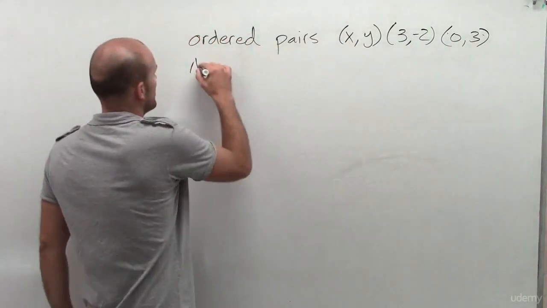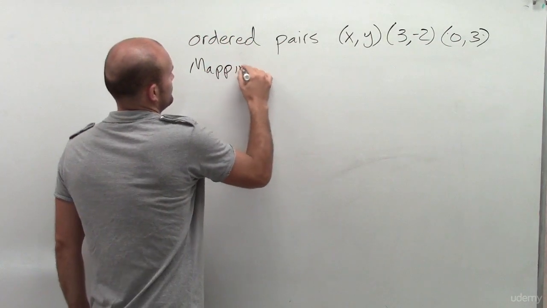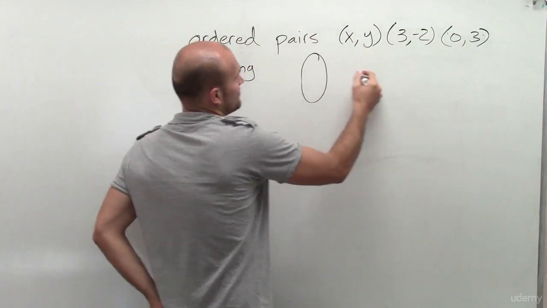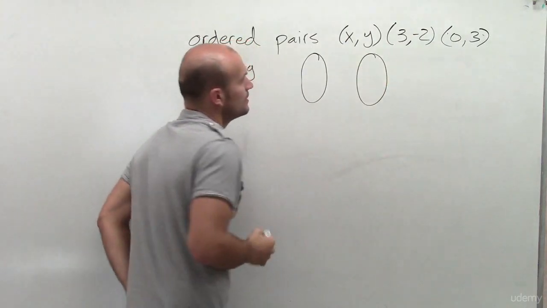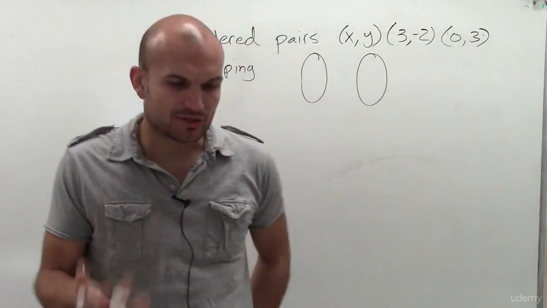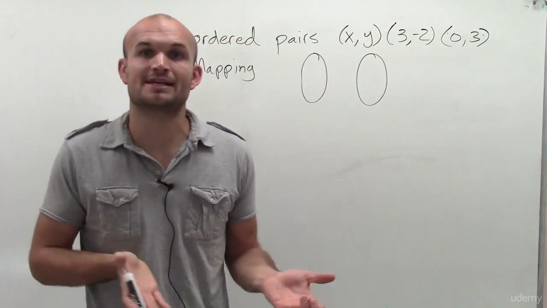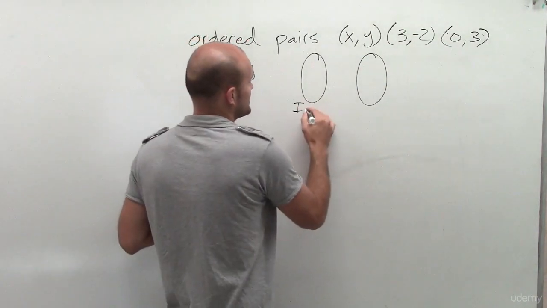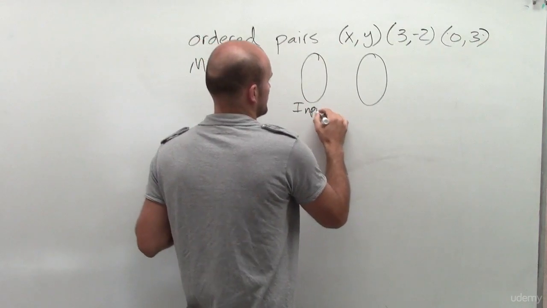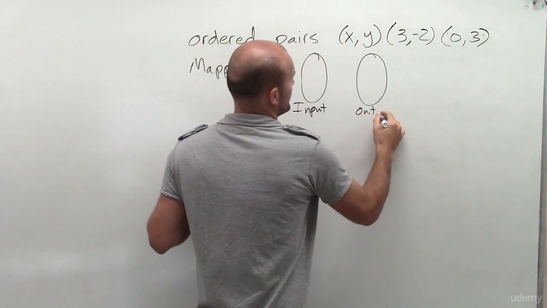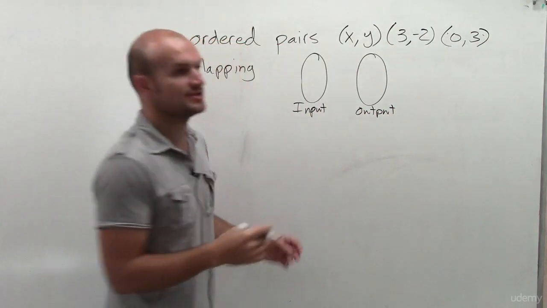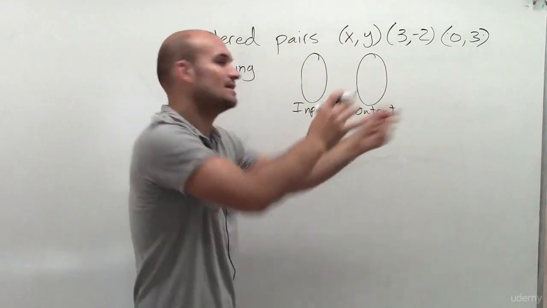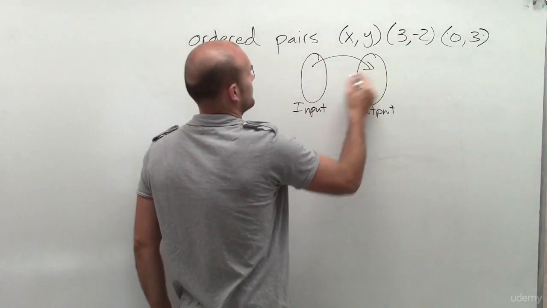The next one is mapping. Mapping is very useful in being able to describe when things are a relationship, or especially when things are functioning. Pretty much mapping just takes us from our input to our output. It tells us what's in our input and then the relationship to our output.